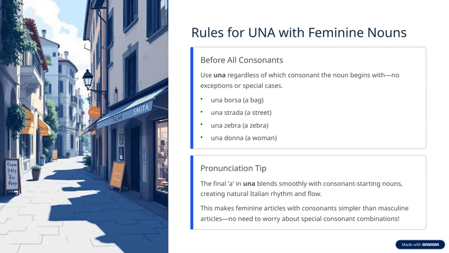This creates a natural Italian rhythm and flow that's quite pleasing to the ear. What's great about feminine articles with consonants is that they are actually simpler than the masculine ones. You don't need to worry about any tricky special consonant combinations. Just remember, una stays the same before all consonants, making it straightforward and easy to remember.